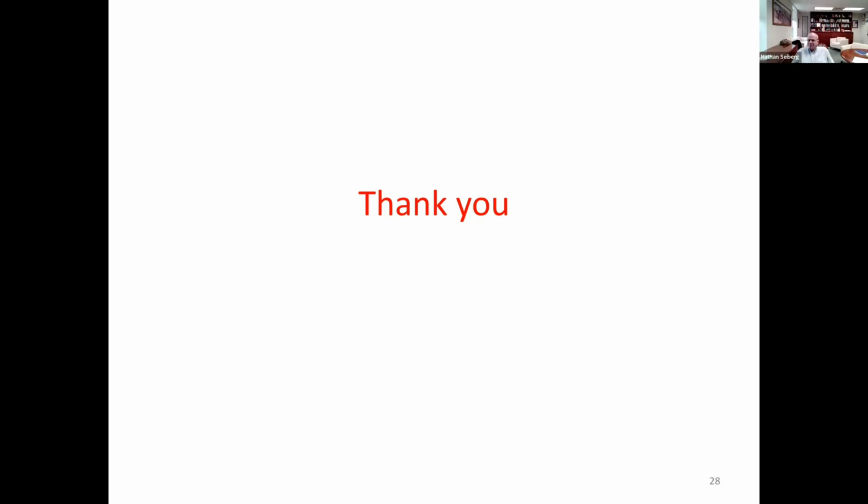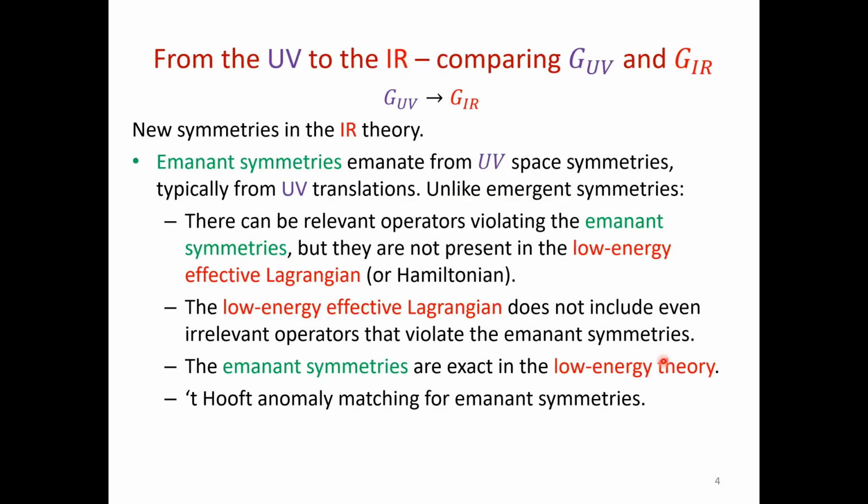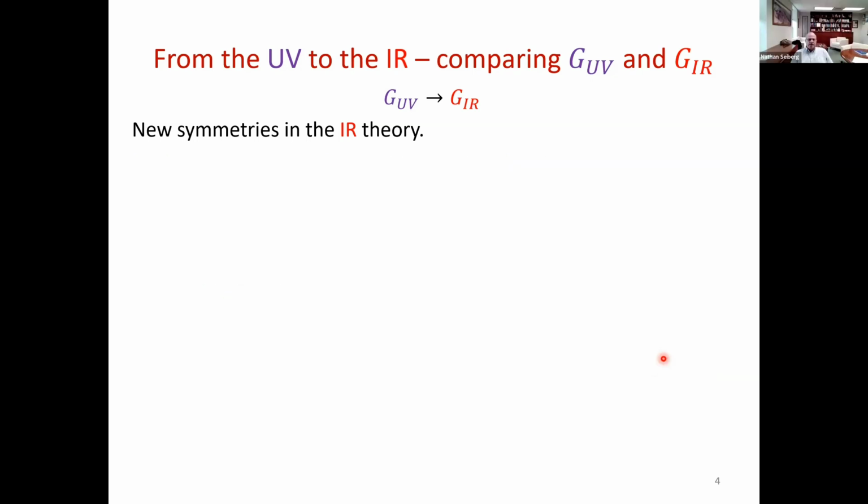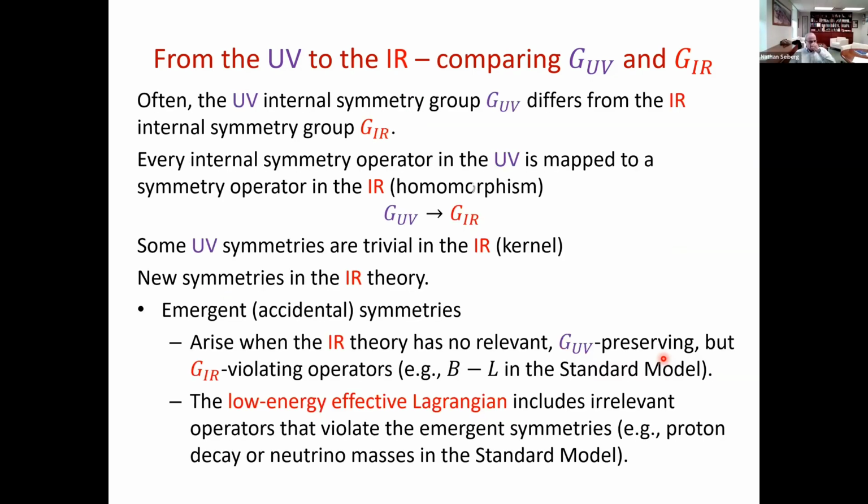So you started with the statement that there is a homomorphism between this GUV and GIR. So that statement has to be modified, if I understood that right. Not quite, because I was careful here.